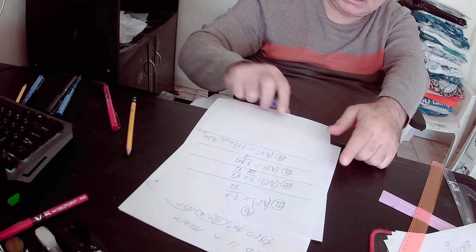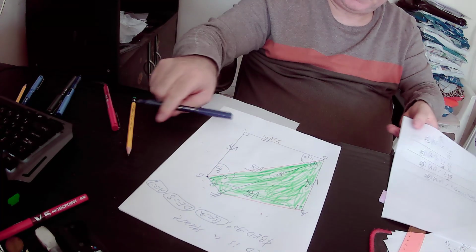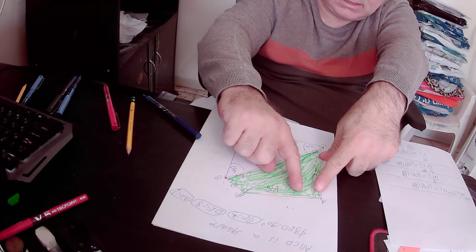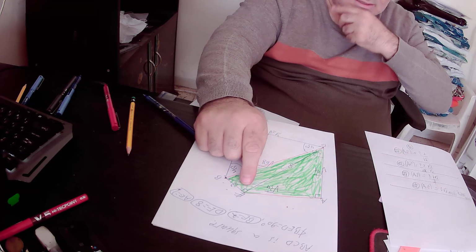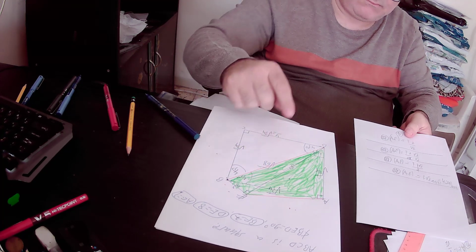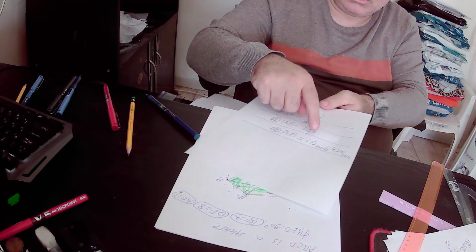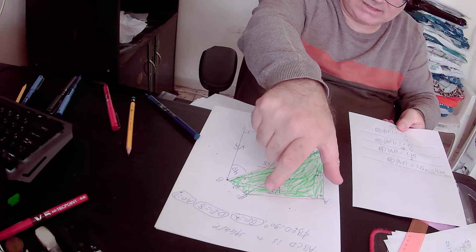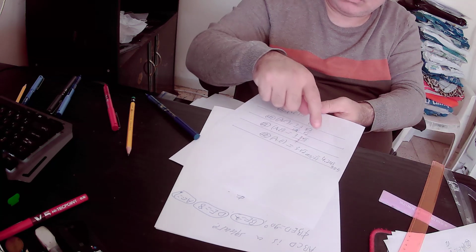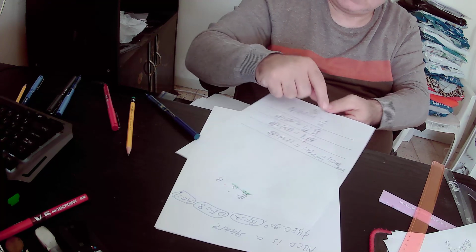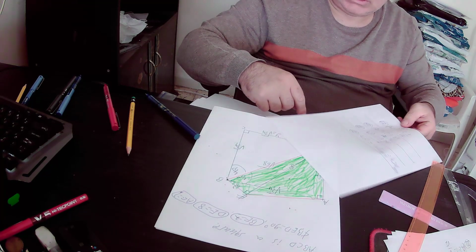So I will repeat again. The size of the red line segment AE equals either 3 times the square root of 2 units, or in terms of numbers, 4.243 units. Okay, that is the answer to the question.